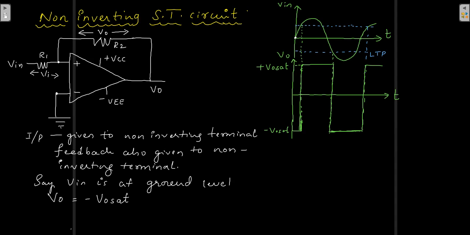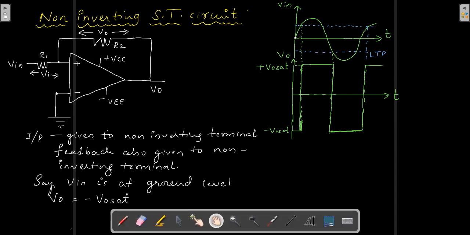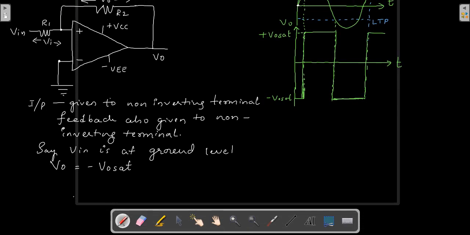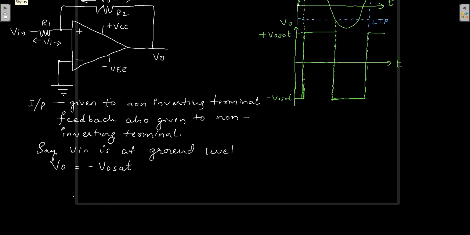If that is the case, what will be the voltage across R1? In this case, what will be the voltage across R1?